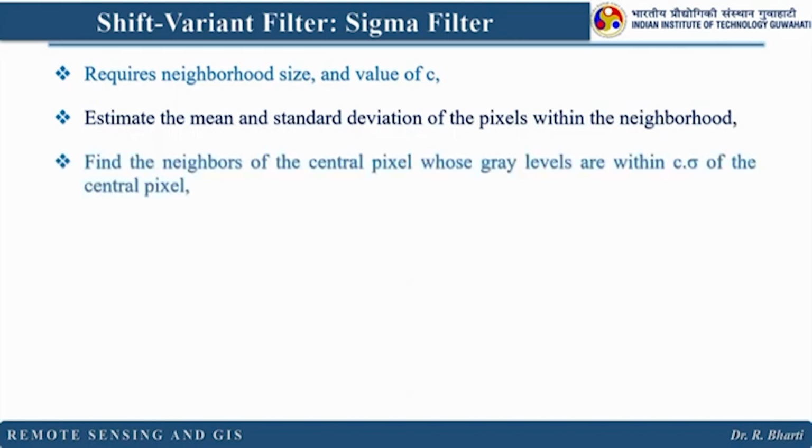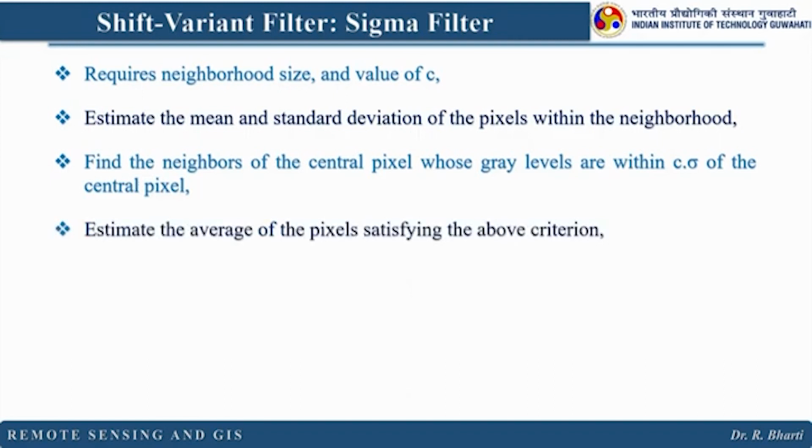Find the neighbors of the central pixel whose gray levels are within C sigma of the central pixel, right. Estimate the average of pixels satisfying the above criteria, and the estimated value is used to replace the value of the central pixel, right.